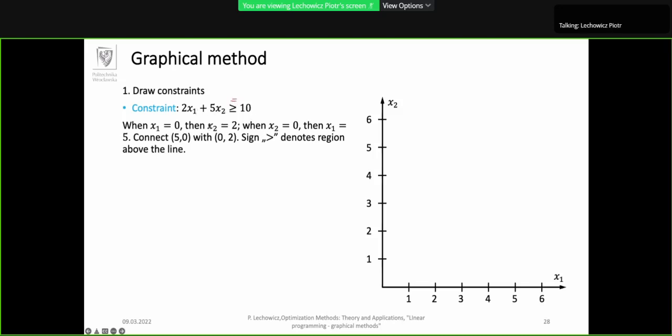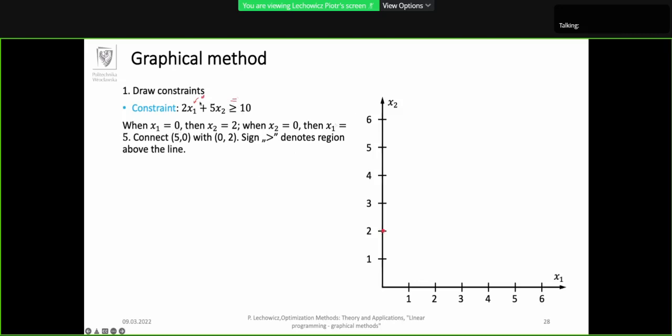So the simplest method is to put 0 under one variable and then calculate what's the value for the second variable. So it has to be 2, right? 5 multiplied by 2 is equal to 10. So we have a first point. First point is for x1 equal to 0, x2 equal to 2. So this is our first point.